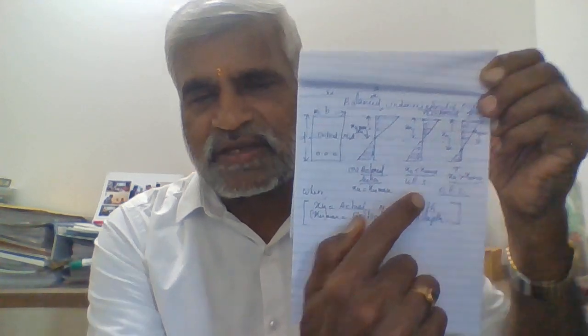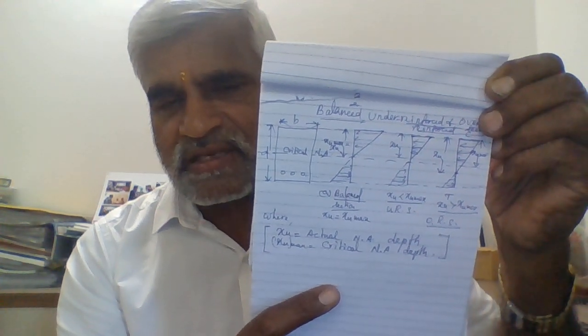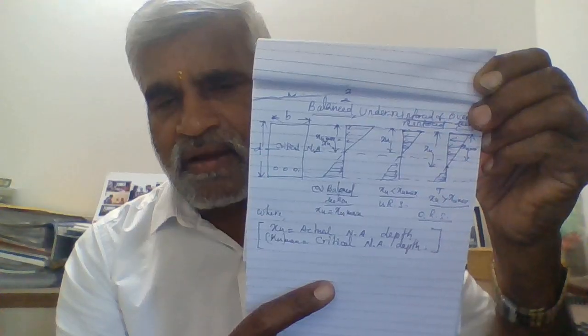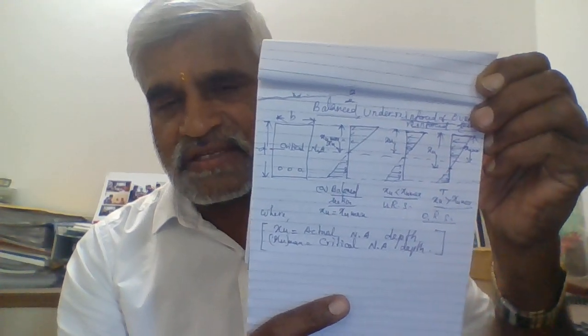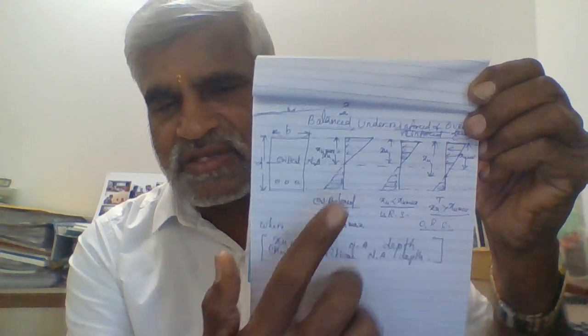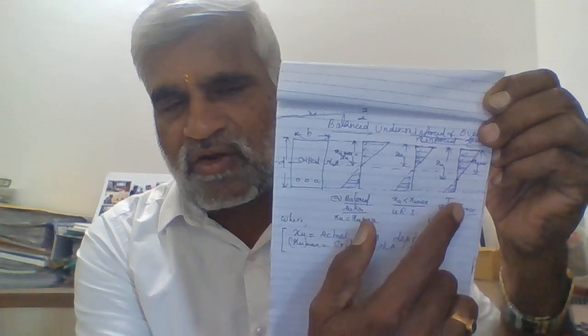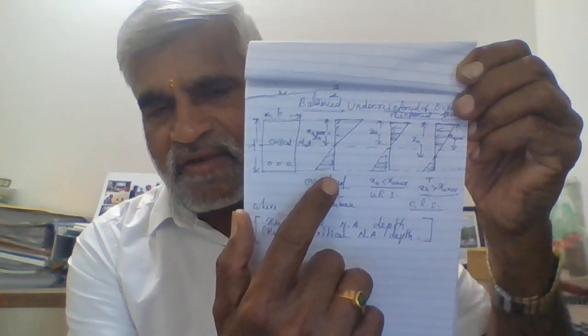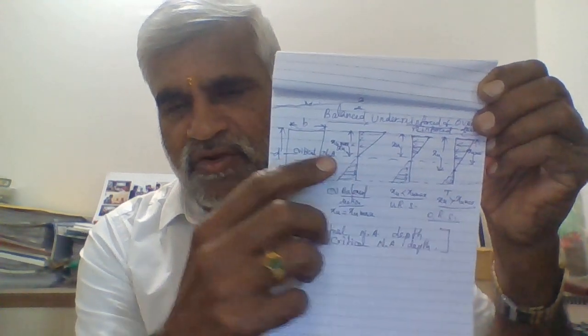So this is the comparison between the actual neutral axis depth and critical neutral axis depth for the three sections: balanced, under reinforced and over reinforced. Due to that, we have to design the beam in the working stress method as the under reinforced section or the balanced section.